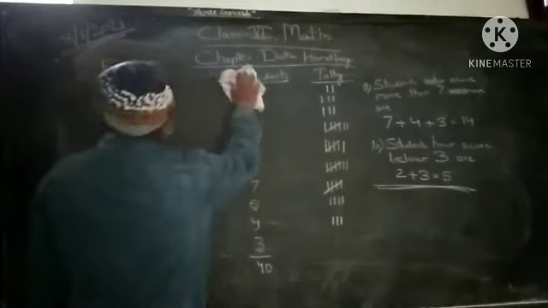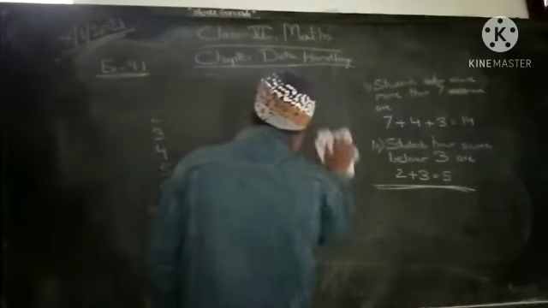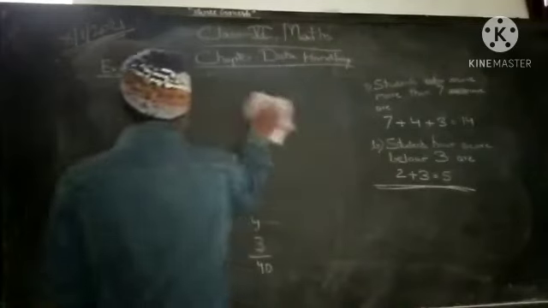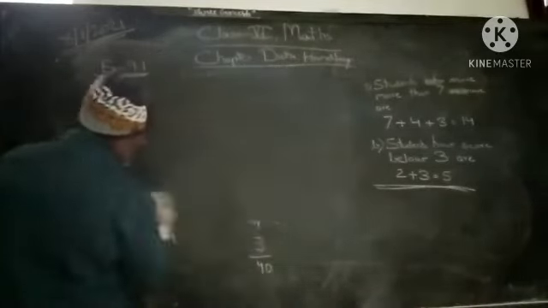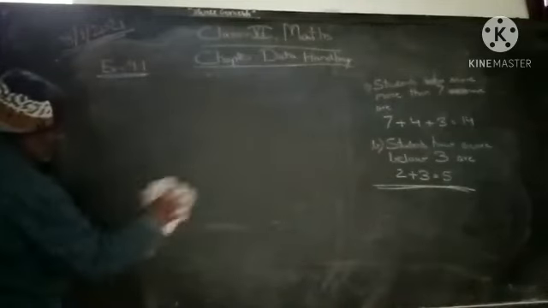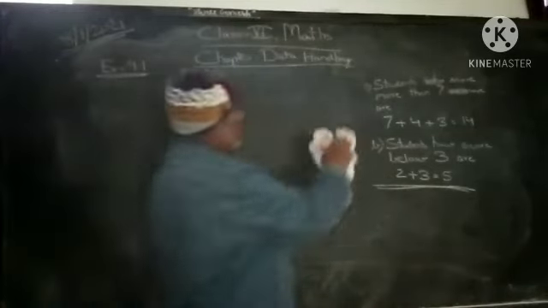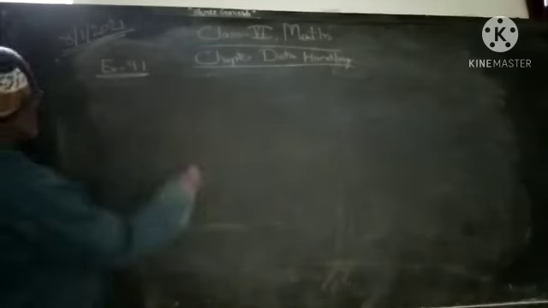Now let's move to question number 2. In question number 2, it says, following is the choice of sweets of 30 students of class 6. The total number of students is 30.